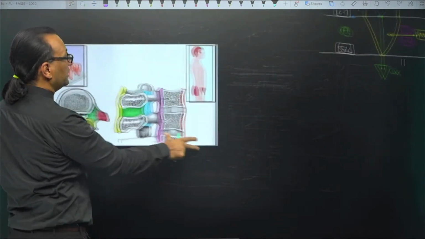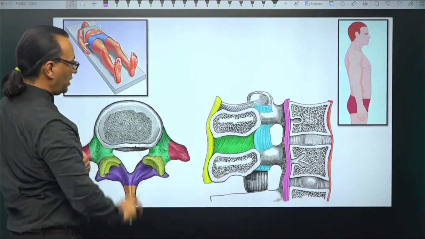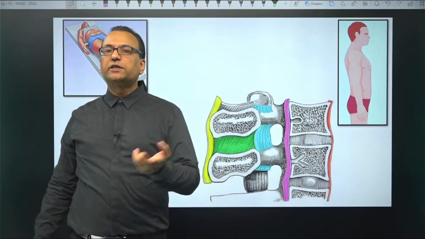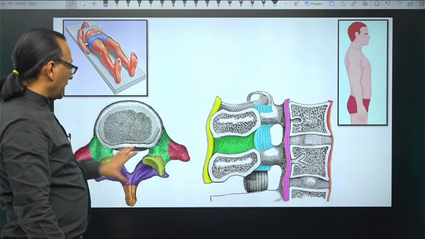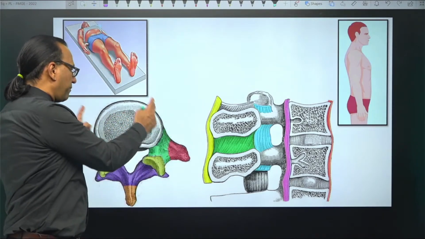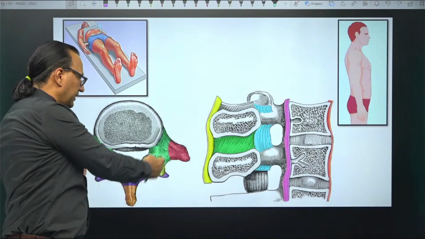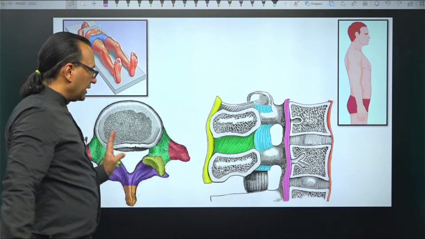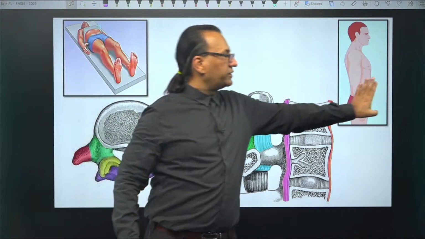It is here. So, which ligaments are you going to puncture when you are doing the lumbar puncture, to aspirate CSF or inject your anesthesia? You are in the lumbar vertebra region. A lumbar vertebra will have a body, a spine, a lamina, and a pedicle, shown in a transverse view and in a sagittal view.